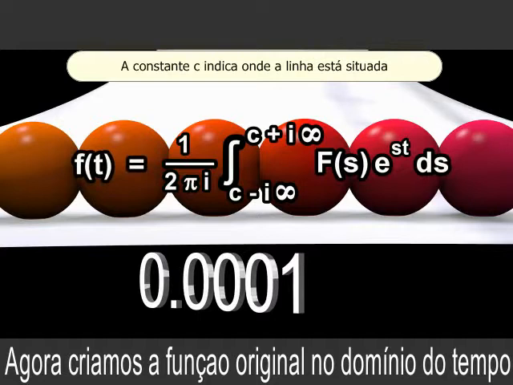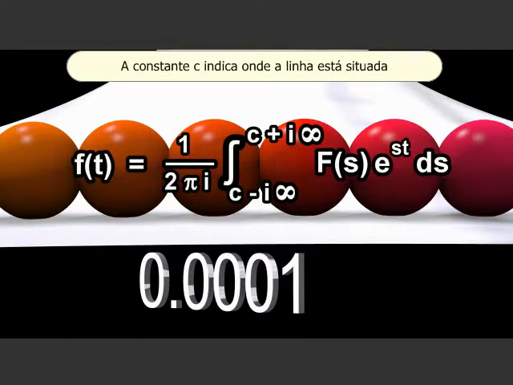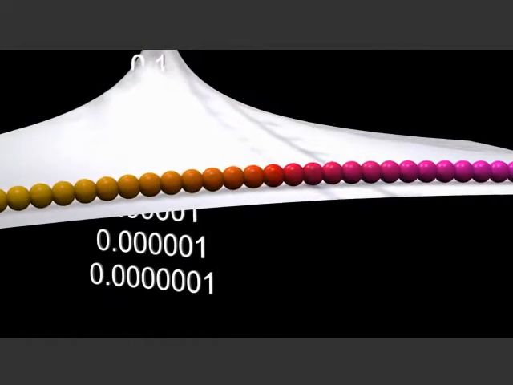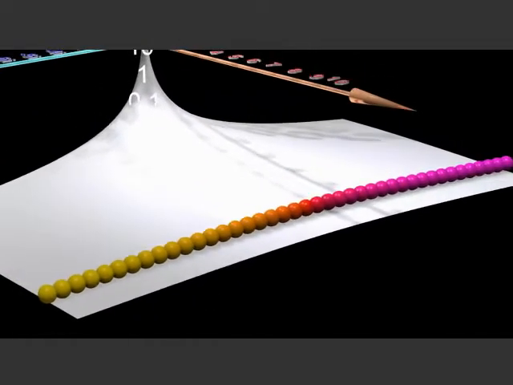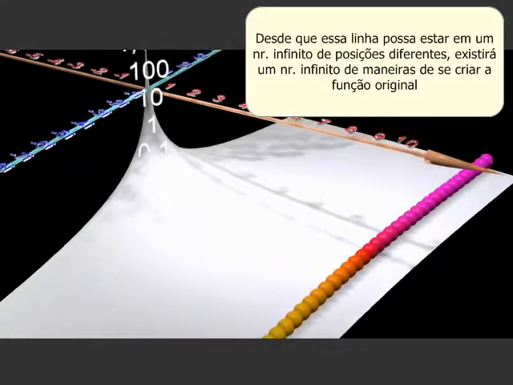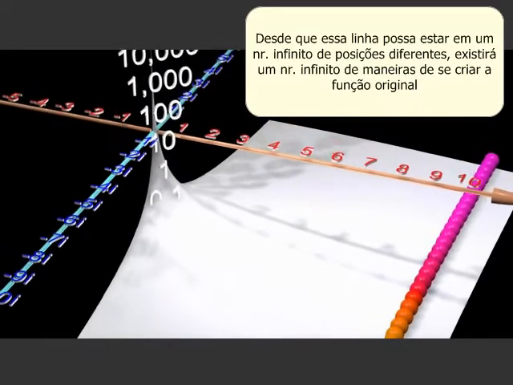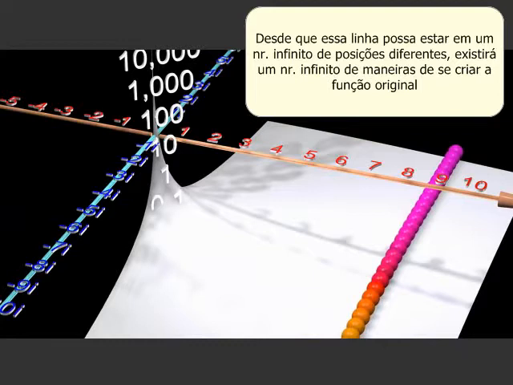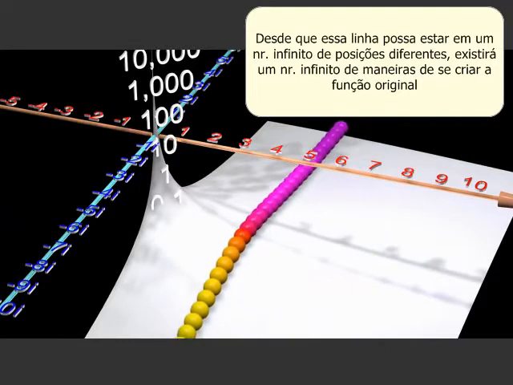The real number constant c indicates where the line is located. Since this line can be at an infinite number of different locations, there are an infinite number of different ways to create our original waveform.